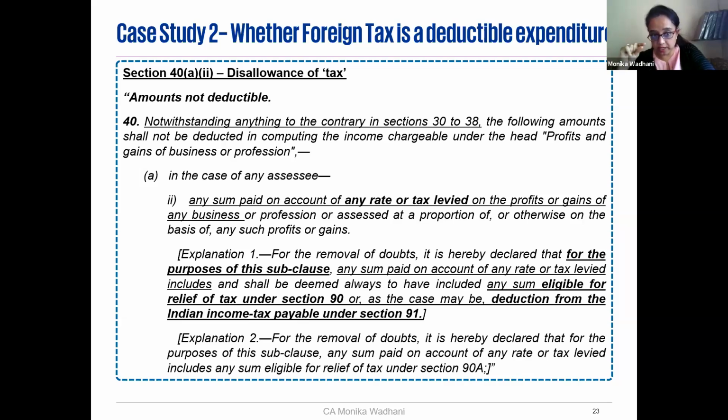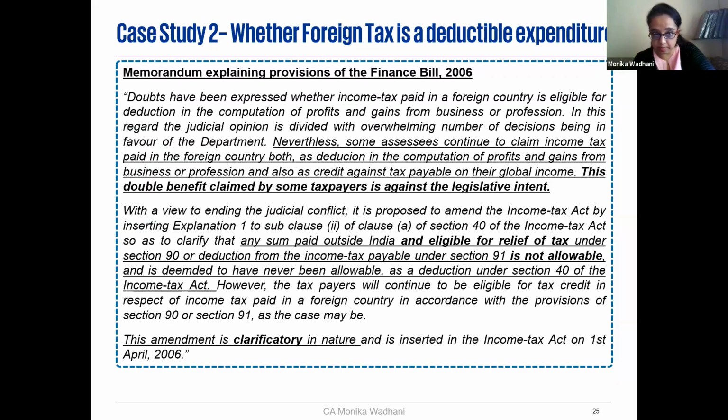So are you saying that foreign tax was always included? Okay, and therefore you are saying that if you have claimed foreign tax under section 91, then you do not claim it again under section 37. To my mind, this should not be the correct proposition.